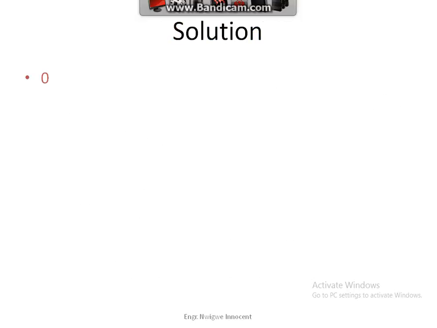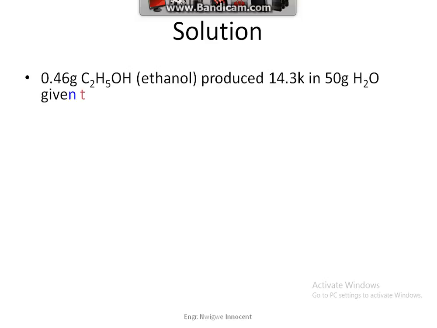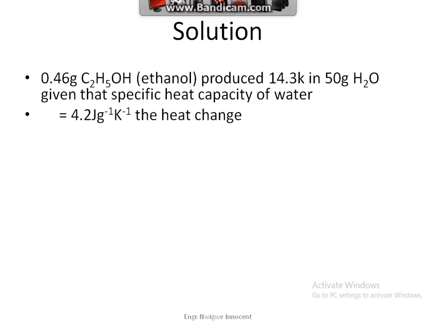Solution: 0.46 gram of C2H5OH, ethanol, produces a 14.3 Kelvin rise in 50 gram of H2O, given that the specific heat capacity of water is 4.2 joule per gram per Kelvin.